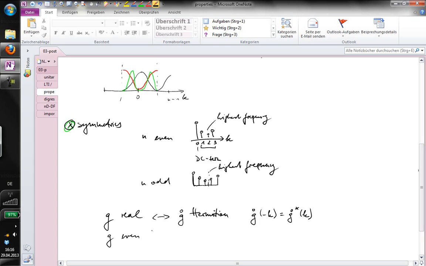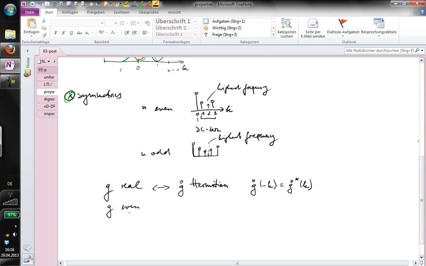And if g is even, where now by even I mean symmetric around the origin, maybe I should say symmetric better, so g(l) equals g(minus l), then its transform is also symmetric.